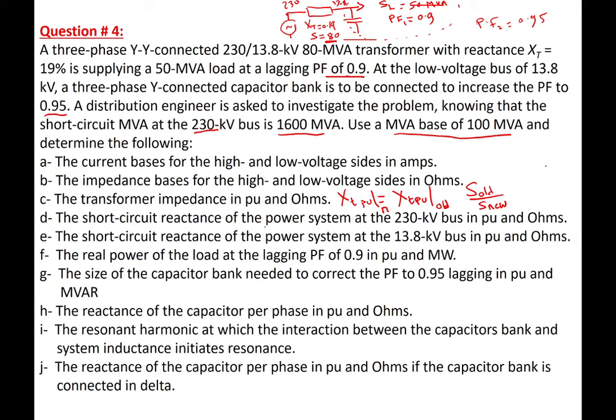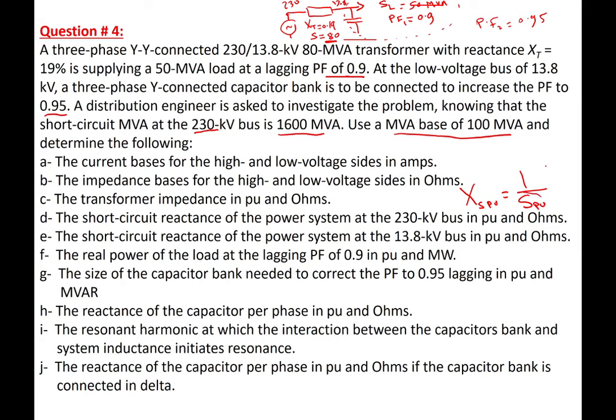Okay, the short circuit reactance of the power system at the 230 bus in per unit and in ohm. To find the X over here, we know that X for the source in per unit will be equal to 1 over S short circuit in per unit, and S short circuit is given as 1600.